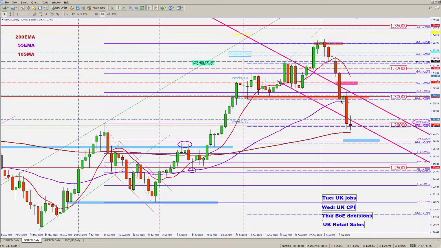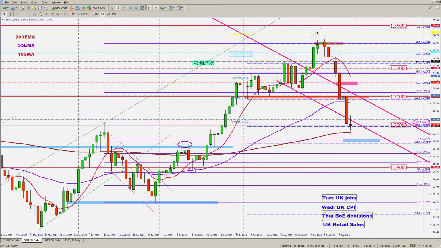That gave some concern to the traders, and it tumbled all the way down to the 128 level, which is also this 138 pip extension of this reversal move, just hitting this swing high at the 100% fib.